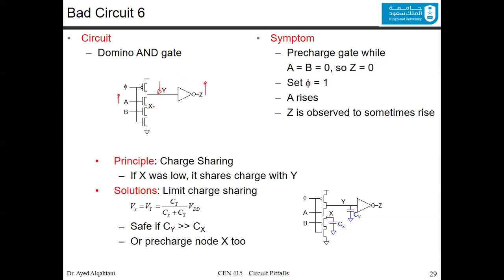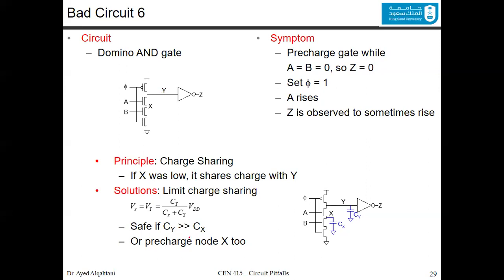We talked about charge sharing before. So the principle here is the charge sharing. If X was low, it shares the charge with Y. One solution is to limit the charge sharing. We can calculate the charge sharing by this equation, and I suggest that you go back to our previous talk that detailed the charge sharing problem and how to solve it. This is safe if the capacitance of Y is huge, so it can feed X and still remain at the level of logic 1.